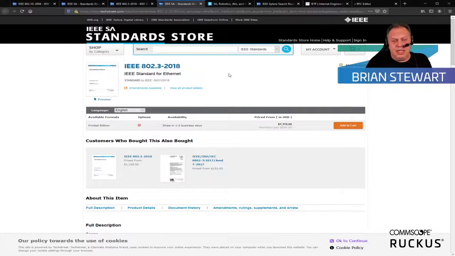So for a while, anything that was a draft or anything that was proposed, you had to buy into. Anything that was a standard, you could freely look through. You can no longer freely look through the existing standards. You do have to purchase those from the IEEE.